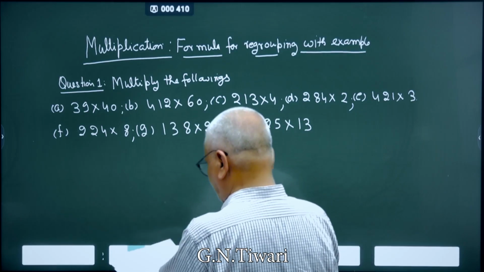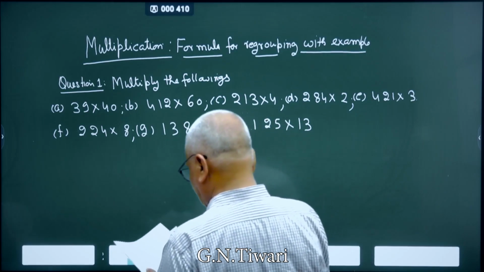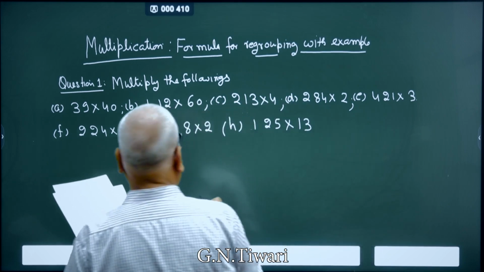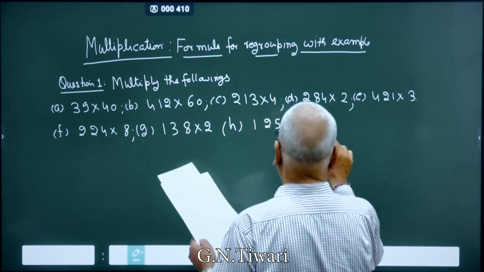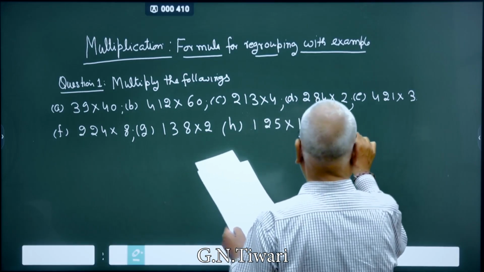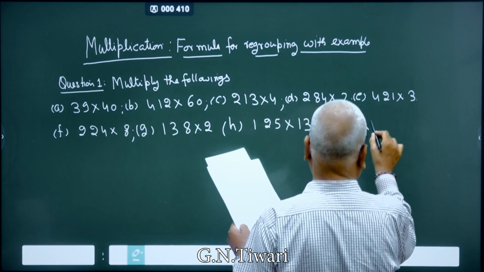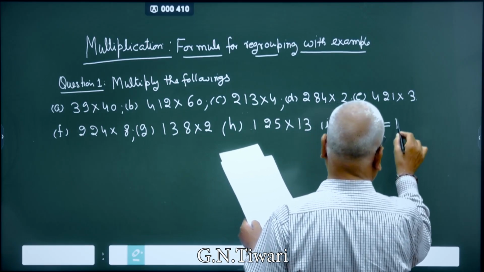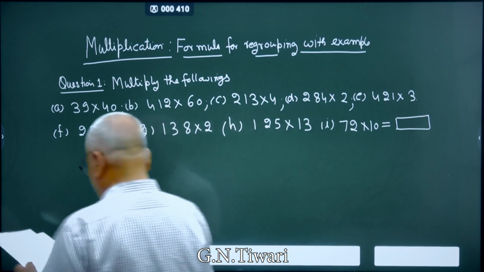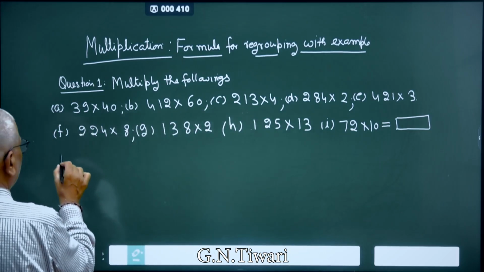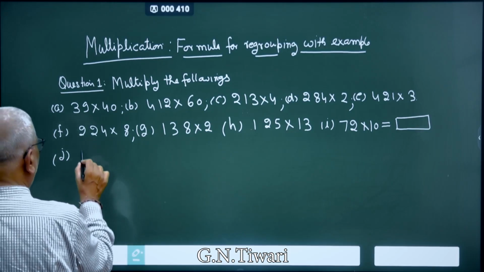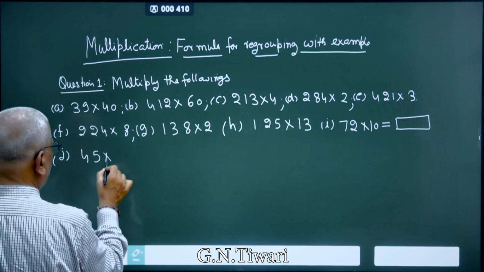And then again I am saying, this is G, H, I. I is equal to 72 into 10, and write the result. It can be for all things. Then J is equal to 45 into 100.